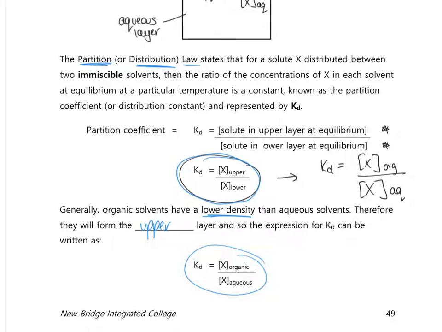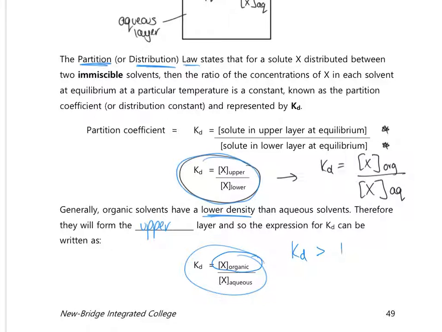So as I've mentioned, KD is simply a ratio of how soluble it is in the organic layer compared to how soluble it is in the aqueous layer. What we find is that if it's more soluble in the organic layer than the aqueous layer, we'll end up with a KD value of greater than 1.